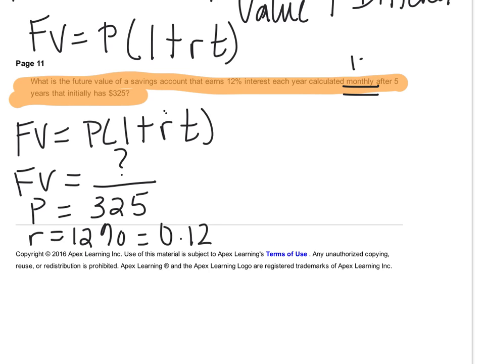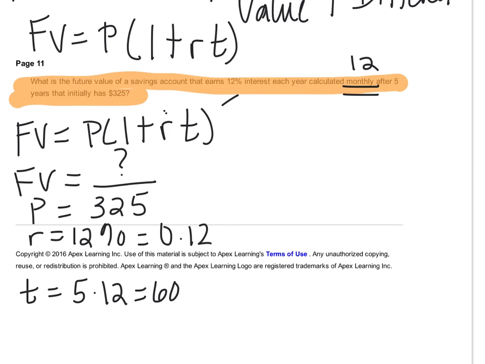So monthly, we're going to have to divide this rate, 0.12, by 12, because it's a periodic interest rate. And then for the time is how many times within 5 years you will get this payment. There's 5 years, and we have 12 payments in a year. So 5 times 12, we end up with 60.